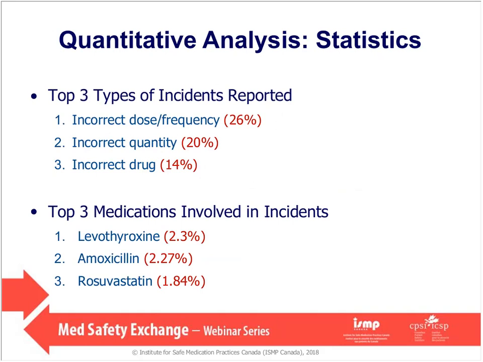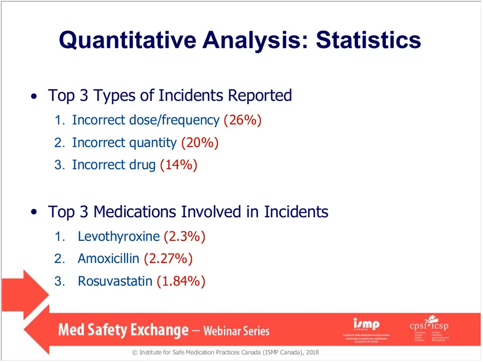The top 3 medications involved in incidents were levothyroxine, amoxicillin, and rosuvastatin. This may be surprising since these medications are not necessarily high-risk medications, but it's also possible that the likelihood of a medication being involved in an incident is correlated with how frequently that medication is dispensed in the pharmacy. So that may be one of the reasons for this trend.